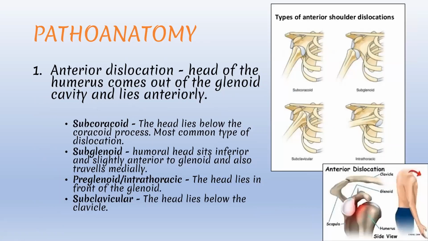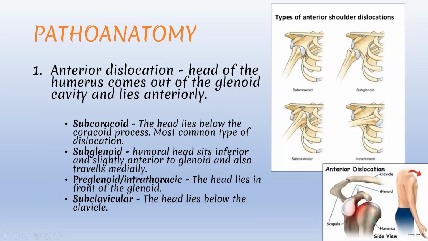Pathoanatomy: anterior dislocation. The head of the humerus comes out of the glenoid cavity and lies anteriorly. There are 4 types of anterior dislocation. First one is subcoracoid. The head lies below the coracoid process. It is the most common type of dislocation.